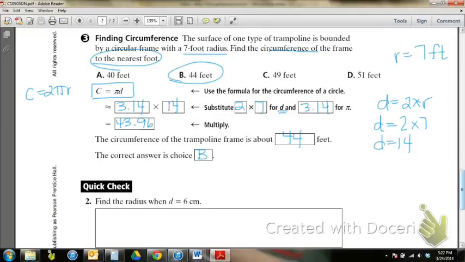Now what we're going to do is, instead of this, I want you to get into the habit of leaving your answers in what we call pi form.